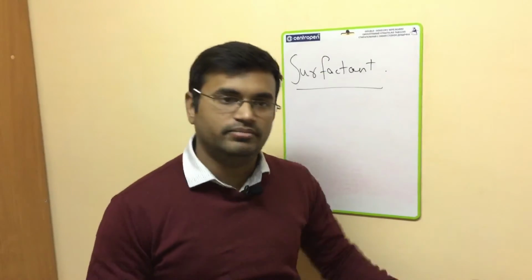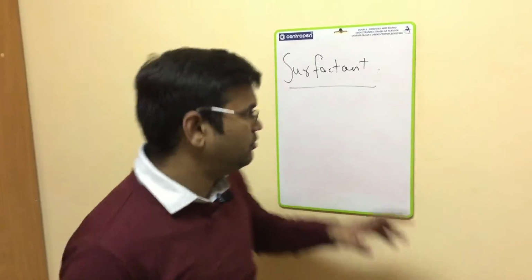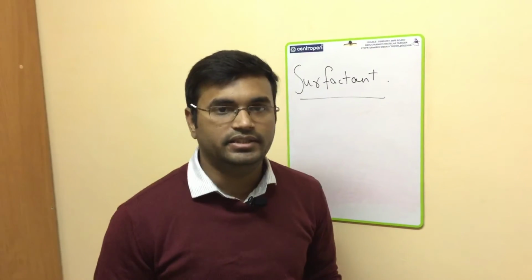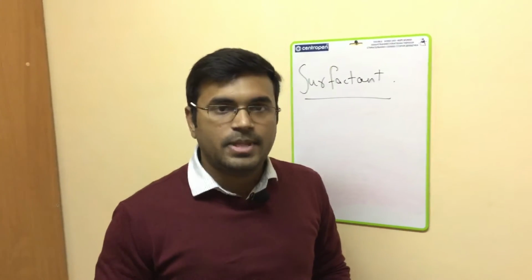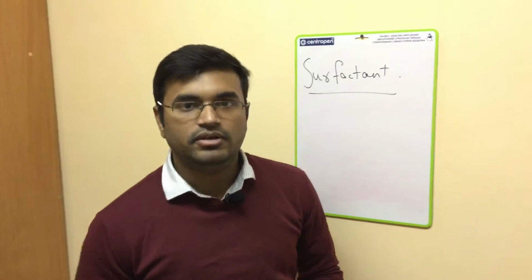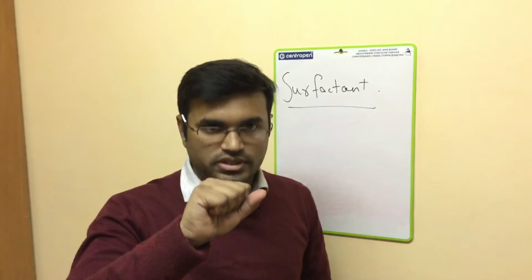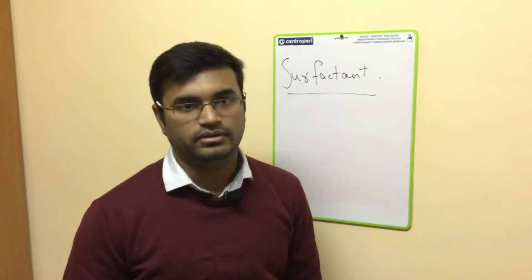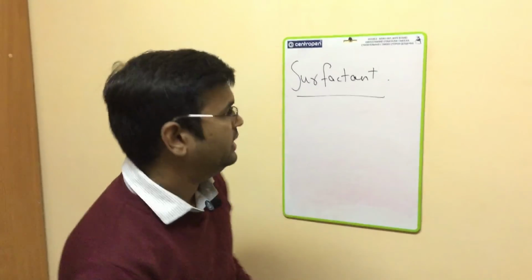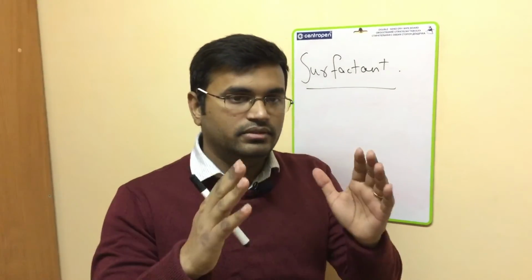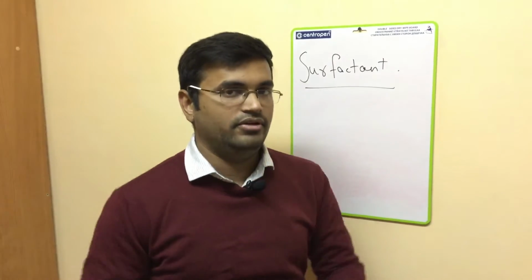If you don't know anything up till now, doesn't matter, you have to know this. Surfactant. What does surfactant do? Surfactant is the substance which keeps our alveoli open, doesn't let the alveoli close, doesn't let the lung collapse. So surfactant helps to open or not to close the alveoli.